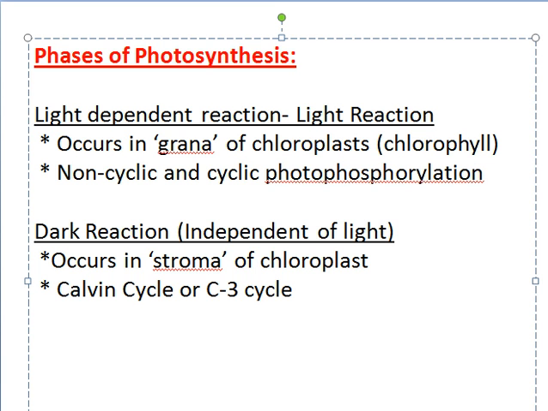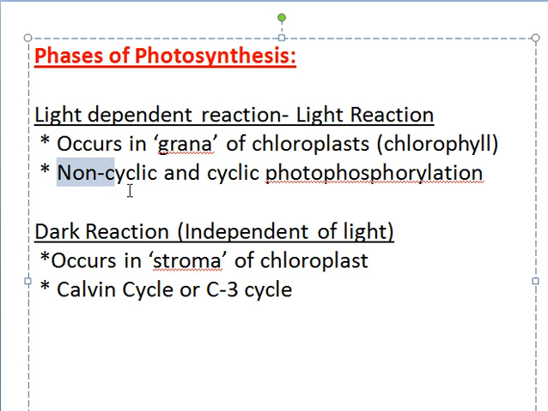Where is the chlorophyll molecule located in a chloroplast? So the answer is, it is located specifically in the inner membranes of thylakoids, which stack together to form these structures known as grana. Right. So light dependent reaction naturally occurs in grana because they are the sites where chlorophyll is present. And there are two types of light reaction.